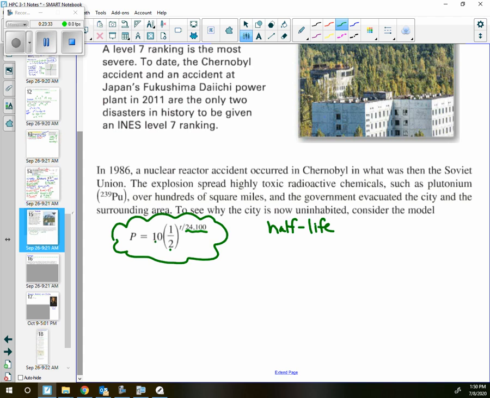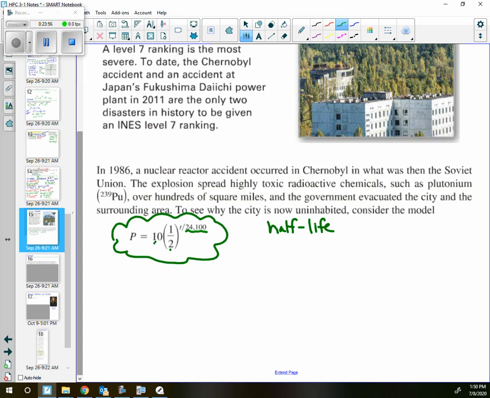Now let's talk about the 10 in this equation, what the 10 would represent. The 10 is what they're using as the initial amount of plutonium. So 10 pounds of plutonium. This is kind of like your A value, your starting value, your initial amount. Sort of like in our last equation when we talked about the principal, the initial beginning amount, that's what that 10 is.